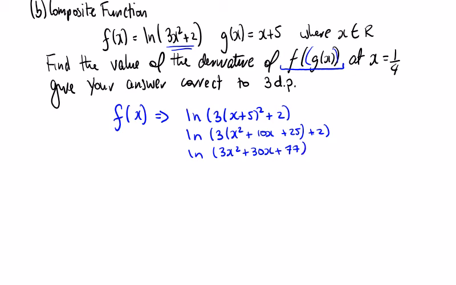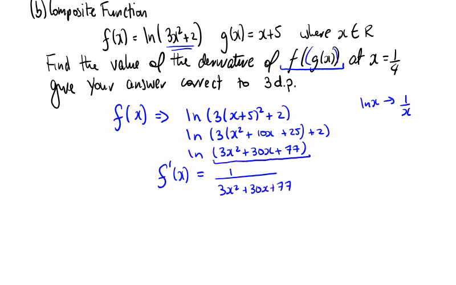So we want the derivative of f of g of x. Well, ln x goes to 1 over x when it's just x. So it's going to be 1 over 3x squared plus 30x plus 77. But when it's not just x, we have to multiply by the derivative of the bracket.